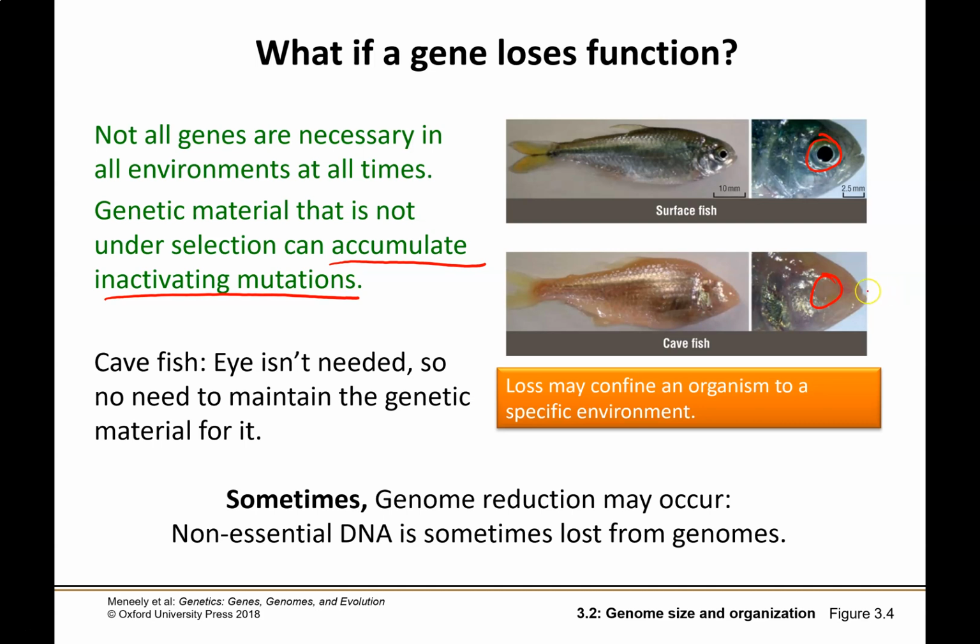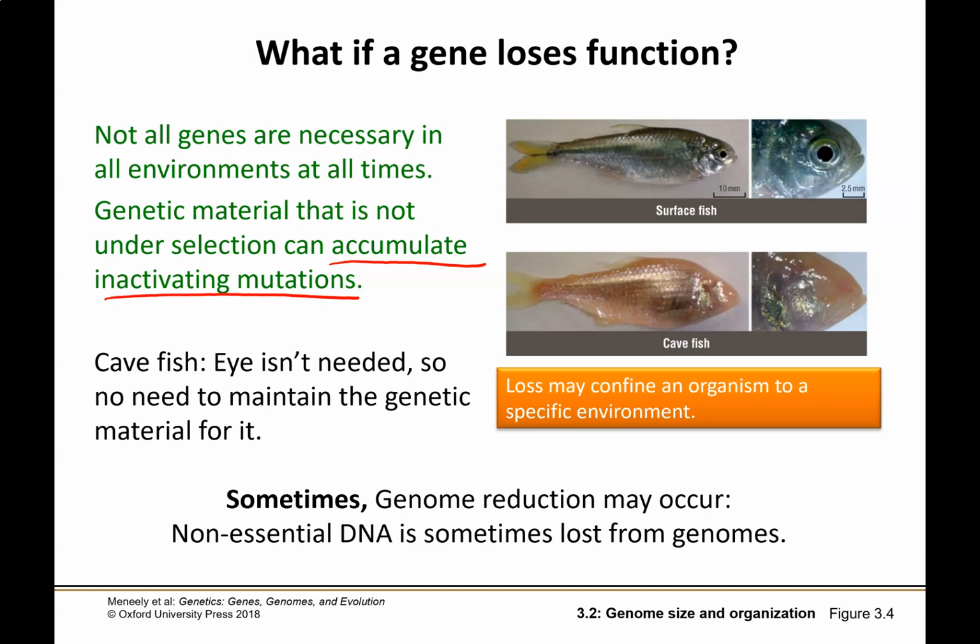But what happens if an individual in a cave loses its eye function? Well, really nothing. It wasn't using it to begin with. So not having an eye is actually not detrimental. So it might actually be more beneficial to not expend energy to maintain all of those processes that are related to the eye.